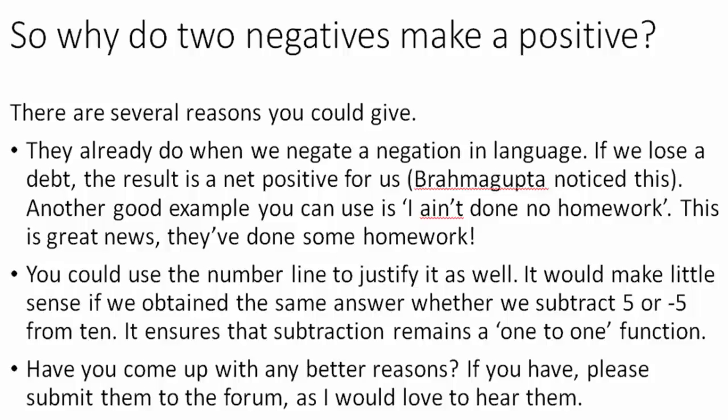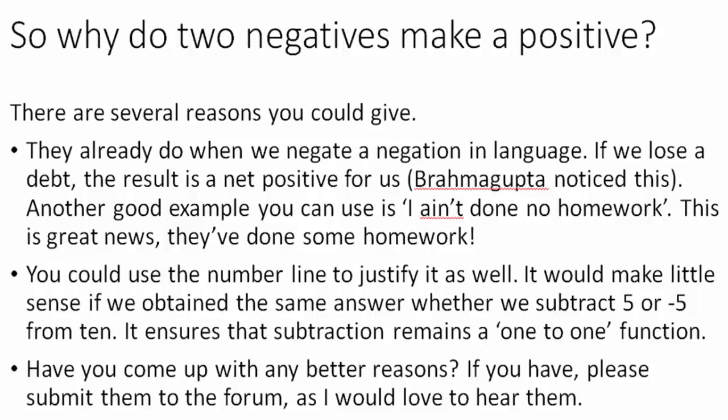You can also use the number line to justify it as well. It will make obviously little sense. If I was doing 5 minus 5, and obviously that's 0, well, if 5 minus minus 5 was also 0, the first thing I'd say is, what's the point of negatives then? They don't do anything else. They're not new numbers.